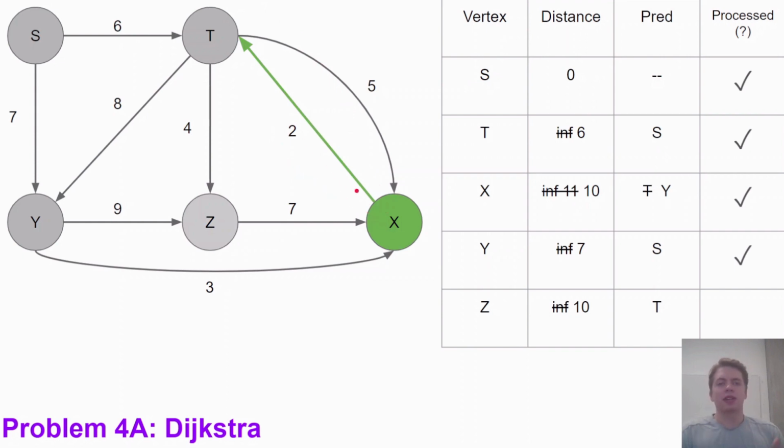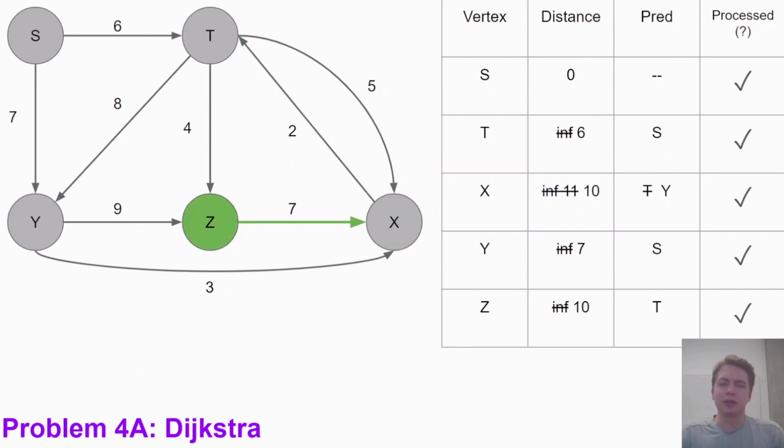So this path would have a total cost of 12 in this case. Well, T's current distance is 6, which is half as large as 12. So because we already found a path with shorter distance than this new path, we won't choose to update T's distance nor predecessor. And nothing happens.